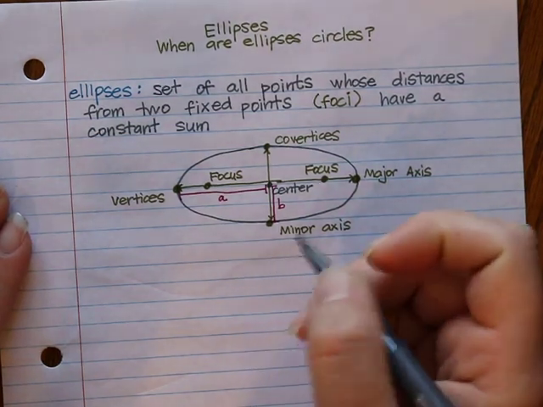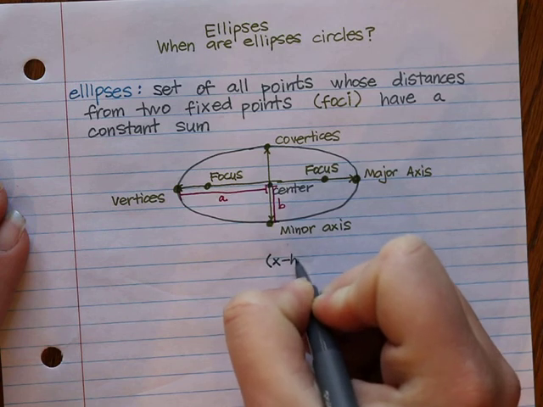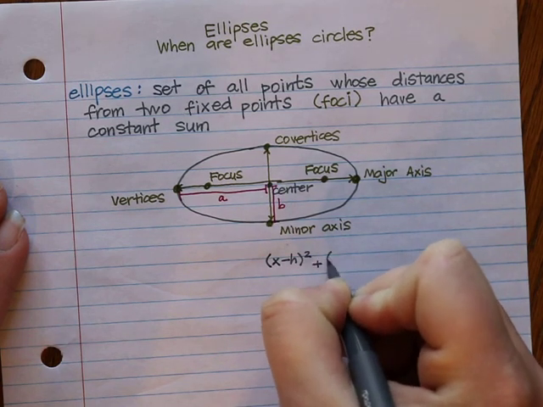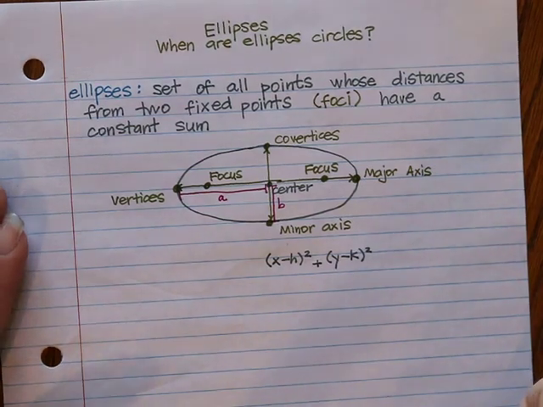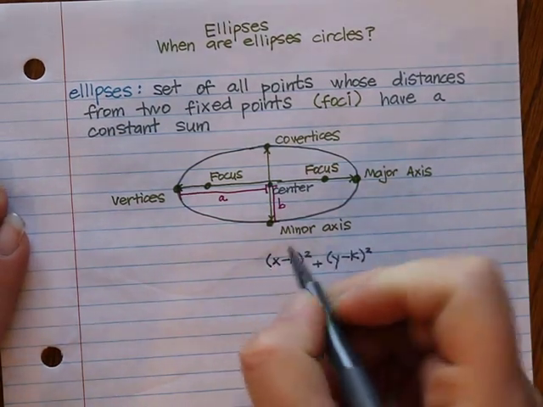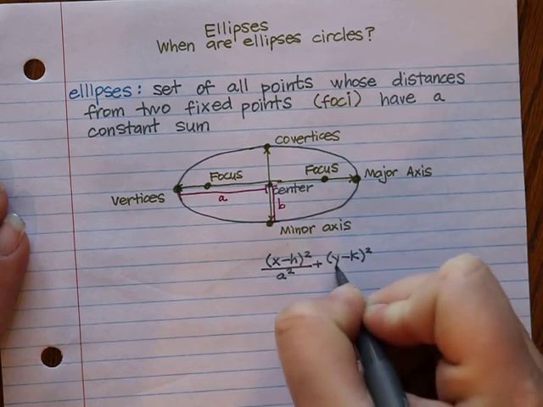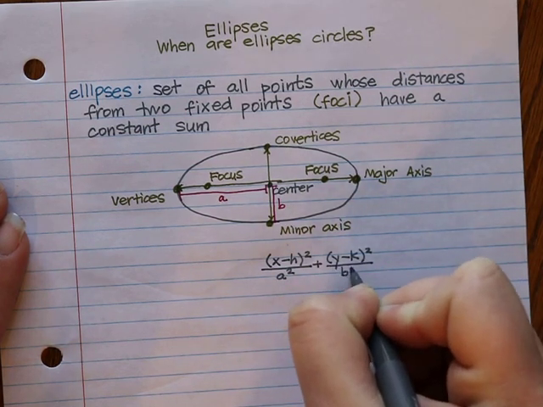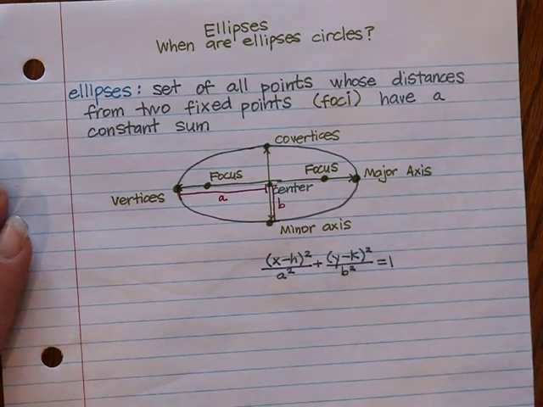So two equations that we're going to look at. The first one starts off like this. And I know some of you are like, Vista, that's a circle, I remember. Well, good, I'm proud of you. But now I'm going to add denominators. And in those denominators, I'm going to give them A's and B's.